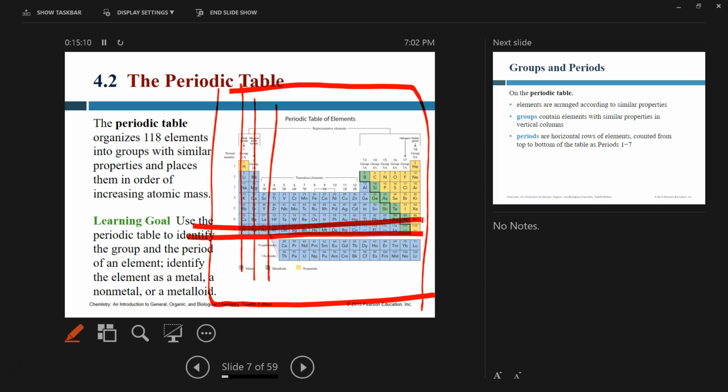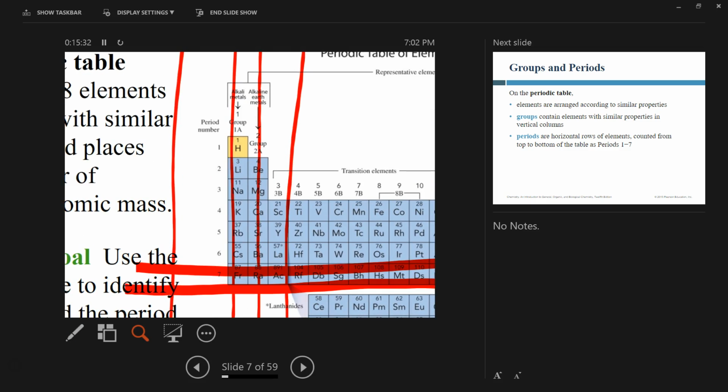Now there is a ferocious fight over how to name the groups. I belong to the old school, but I will use the numbering that is more modern as well. You will not have to choose between the two camps, okay? The old school and the new school. Basically, what the old school says. So if you would look at the naming of the groups, can you see 1, 2, 3, 4, 5, 6, 7, 8, 9, and so on and so forth?